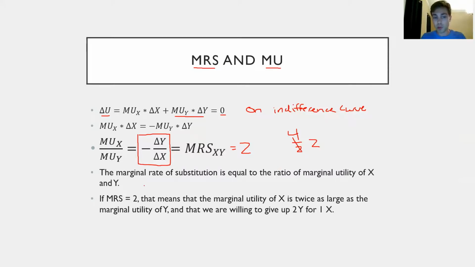And so what the marginal rate of substitution is telling us is we're willing to give up 2 units of y to get 1 unit of x, which makes a lot of sense because the marginal utility of that 1 unit of x is twice as valuable as the marginal utility of 1 unit of y, right? And so our utility would stay constant if we made that trade-off between units of x and units of y.